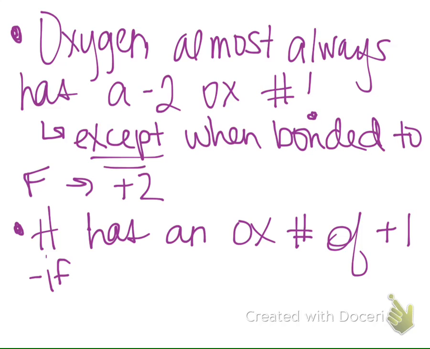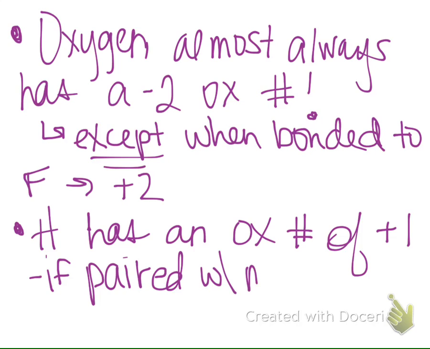If it's paired with a metal, then it's -1. But we don't really pair hydrogen with metals often, so you won't really have to worry about that. More often than not, hydrogen will be a +1. It'll keep its charge.